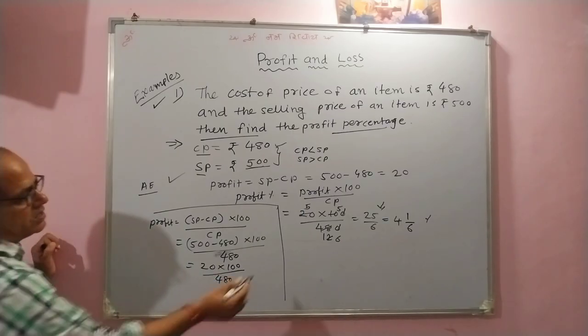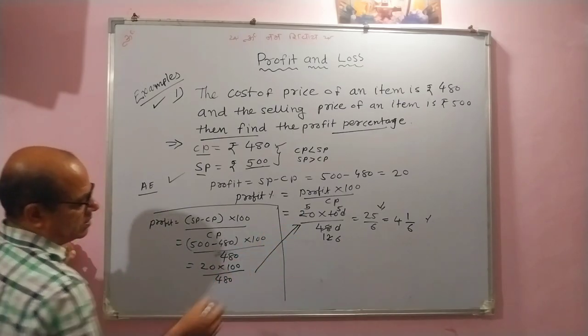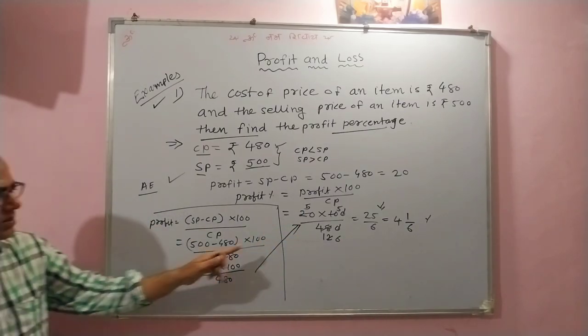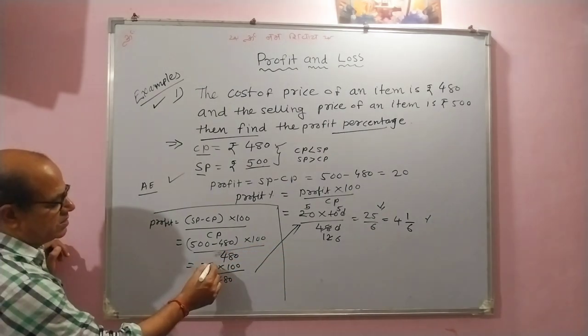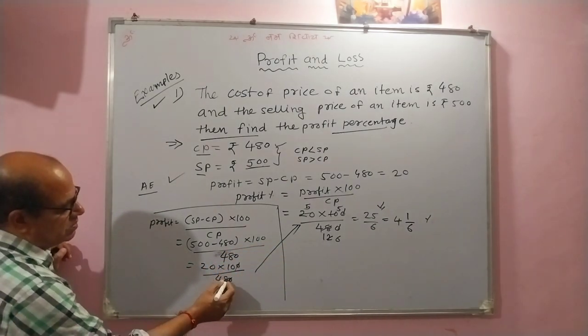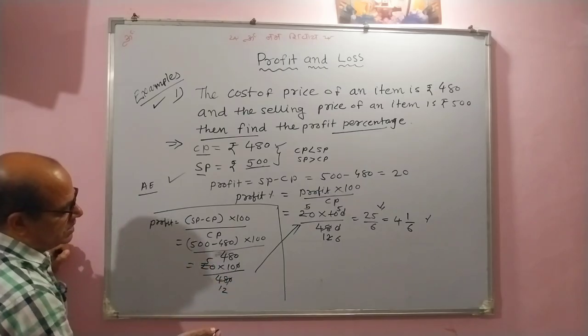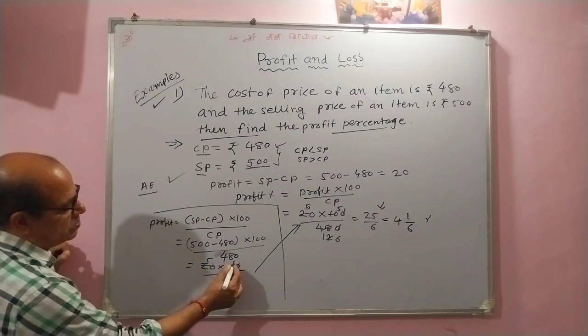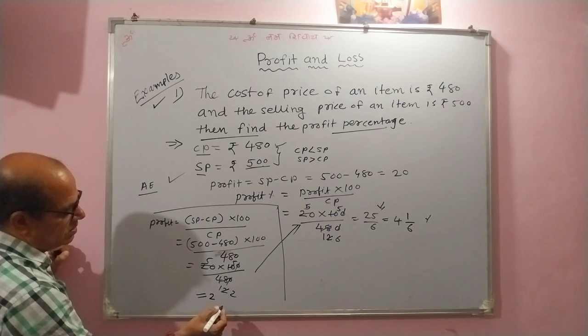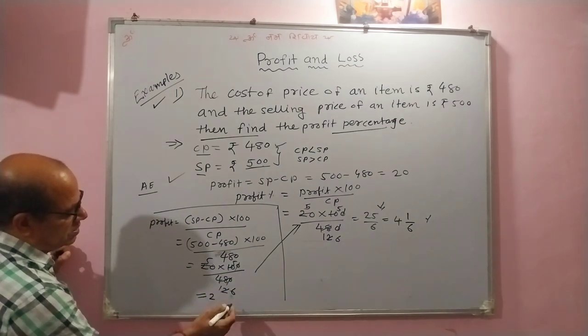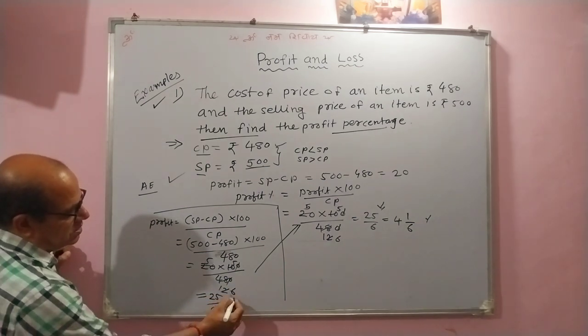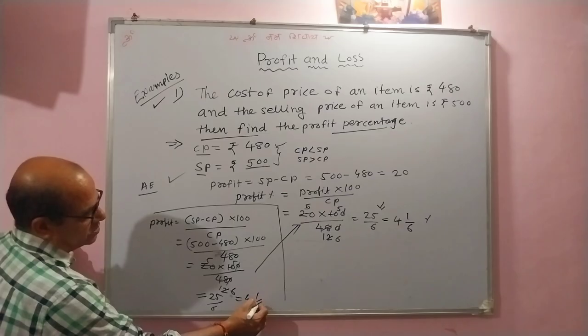Now you can see the same thing came here. Same thing here also you can cancel the 0s, 12 4s, 5 4s, 6 2s and 5 2s. So 25 upon 6, that is 4 and 1 upon 6 percent.